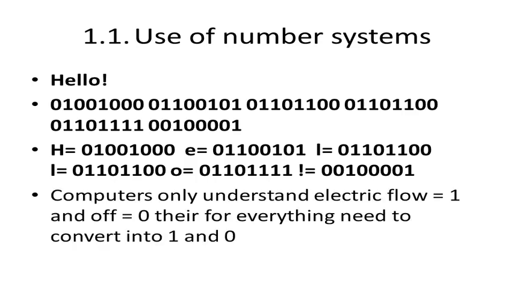A computer is a machine, and machines can only understand whether there is a current flow or not. Based on that, they can create different kinds of processors. In a computer we use a very small flow of current, which is considered as 1, and when there is no flow, it is considered as 0.